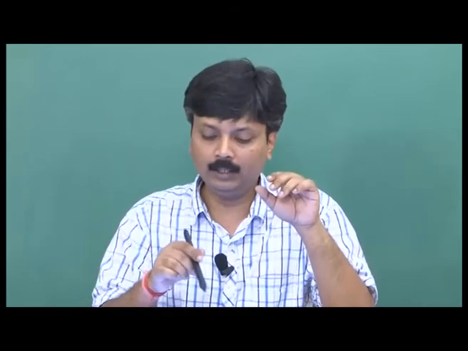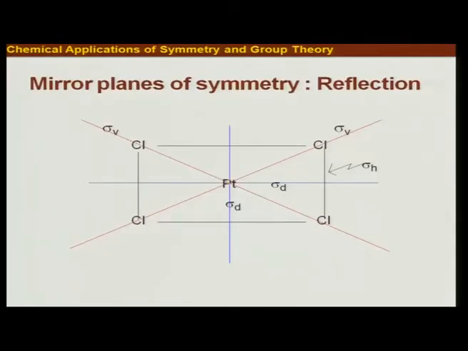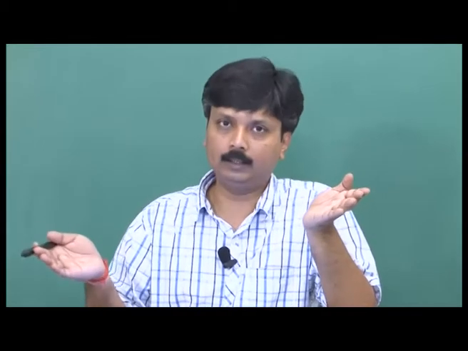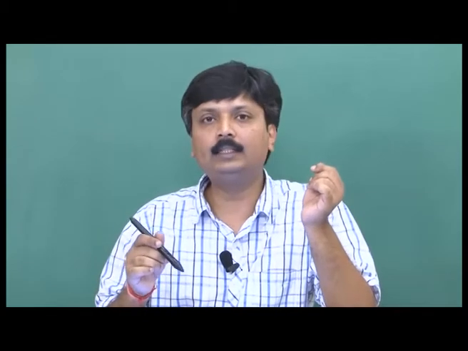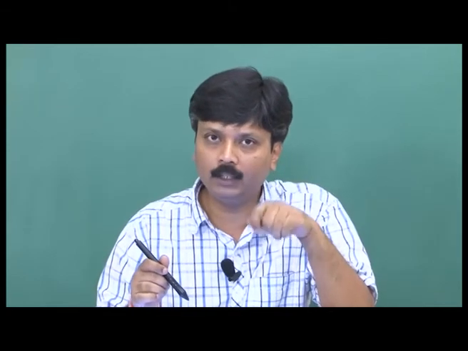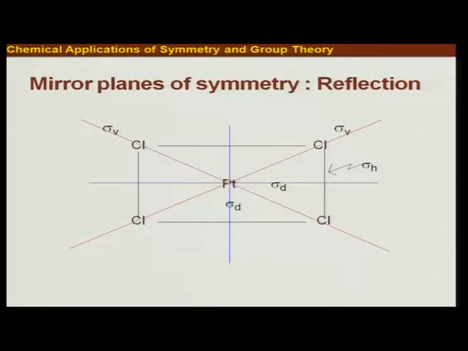Why? Because this is a square planar complex, and you can imagine a rotational symmetry axis perpendicular to this plane passing through the platinum atom, right? And if you give a 90-degree rotation you get an indistinguishable structure. So that means you have a C4 axis, and that is the highest order rotation axis that you can find for this particular molecule, because the other ones are C2.